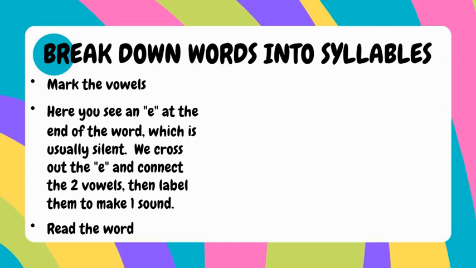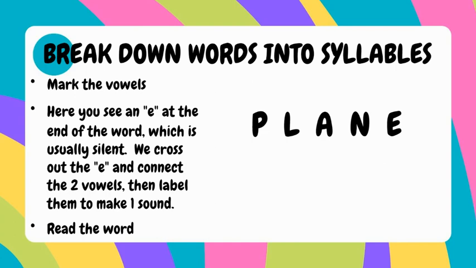To first break down a word, we're going to help our scholars. We give them a word, as you see on the screen. With this one, the first thing we do is always have our scholars mark the vowel sounds. They're in second grade, so by now we would want them to be able to identify the vowels. We ask ourselves, is there a consonant plus an LE situation in here?